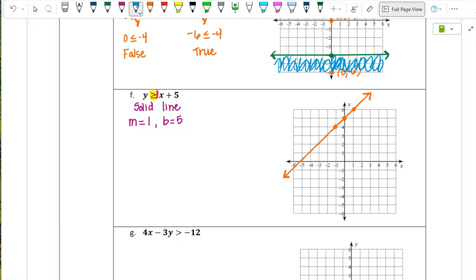And again, I need to pick a point on each side of the line. So I'm going to pick 0, 0 for this side. And then on the other side, because my slope is a whole number, I really can pick any ordered pair. I'm just going to go out here. I'm going to go to -5, 3.